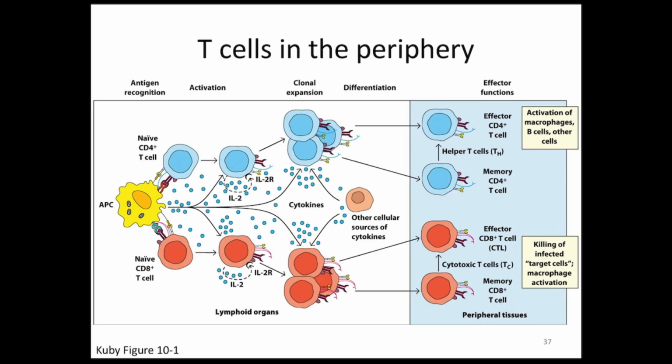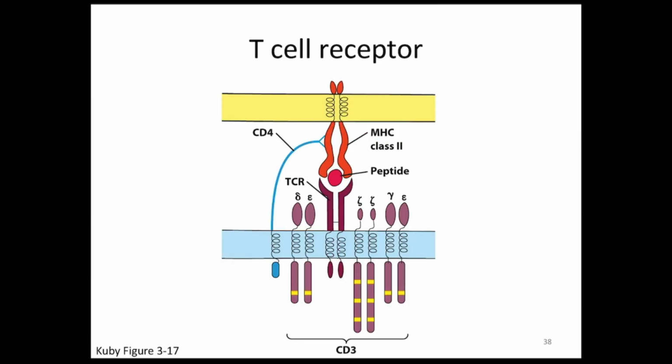That interaction is going to largely take place via the T cell receptor on the T cell interacting with MHC plus peptide on the antigen presenting cell. Remember, the T cell receptor needs its partner CD4 or CD8 and also needs its partner CD3.